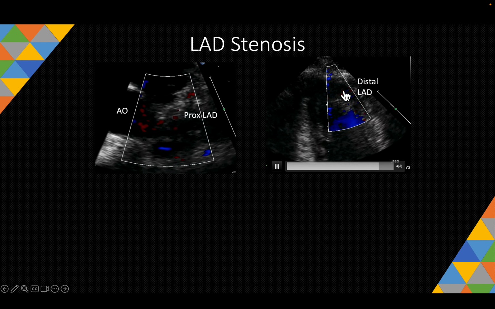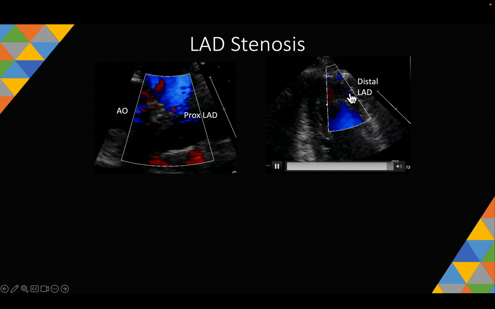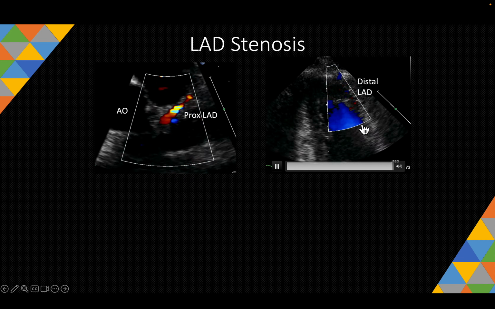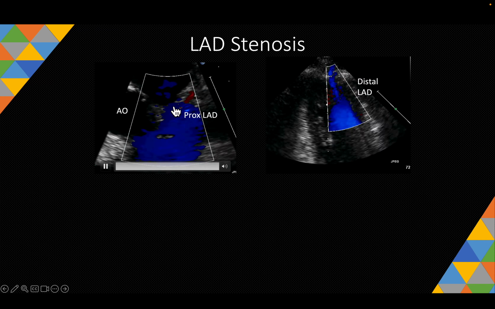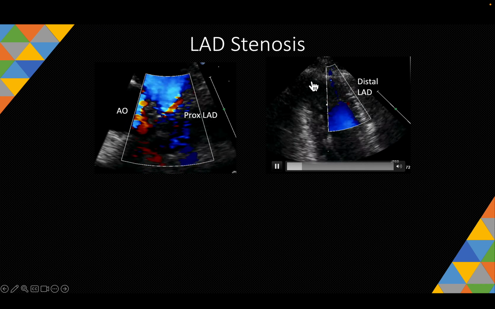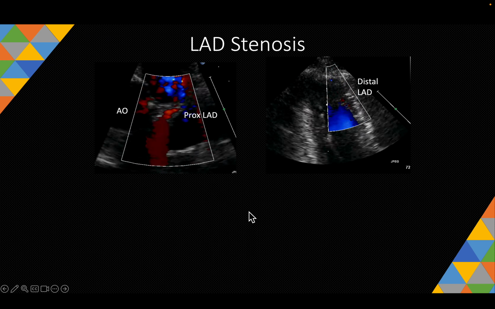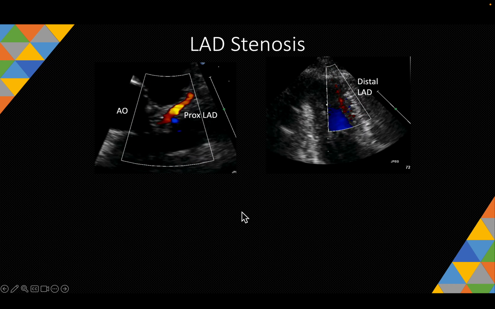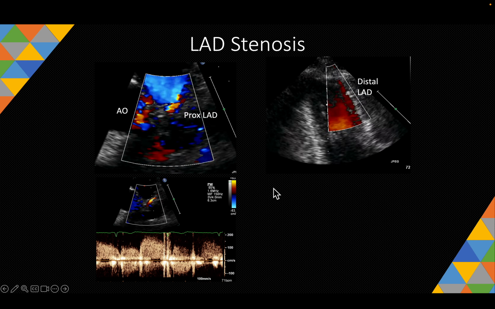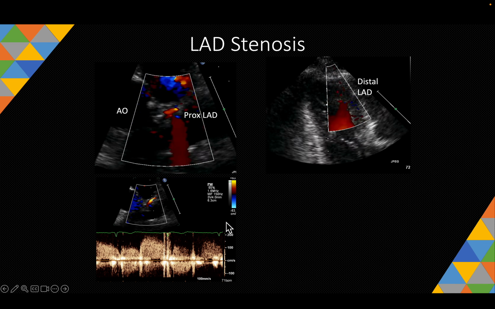But in the distal coronary artery, you see the flows are antegrade, which indicates there's no total obstruction causing retrograde flow. So this indicates a severe proximal stenosis of the left anterior descending artery.